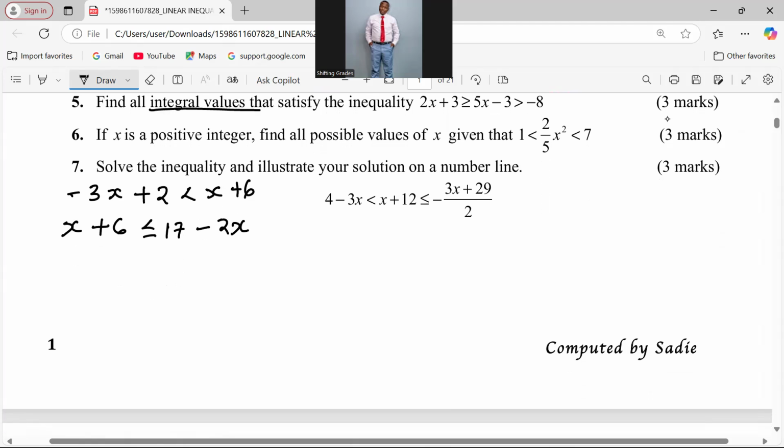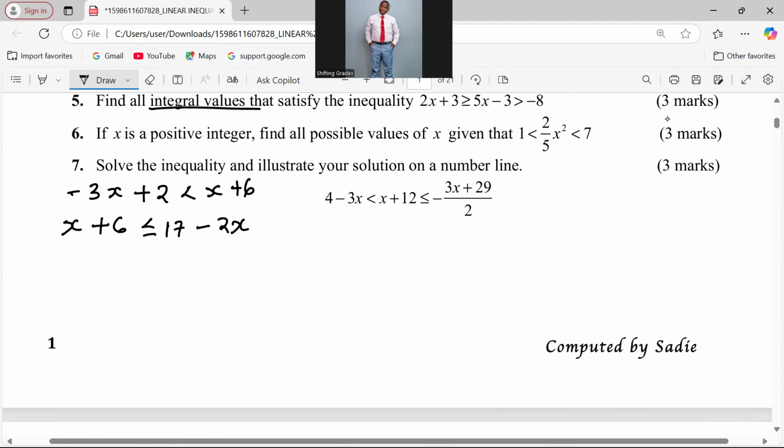So I have my two simple statements. So now, whether you are in grade 9, Form 2, Form 3, or Form 4, you are able to solve the first inequality and also the second inequality. In grade 9, we may not have the simultaneous solving, but at least we can solve each inequality independently.